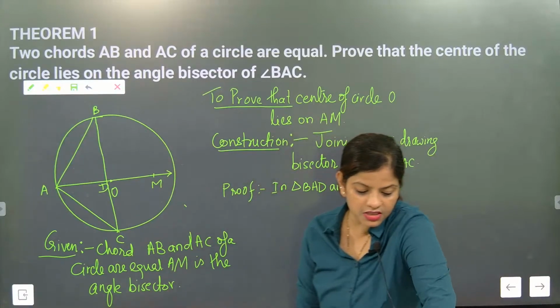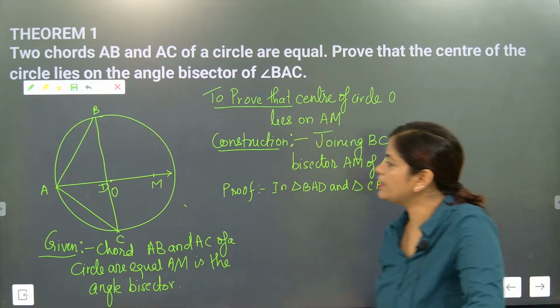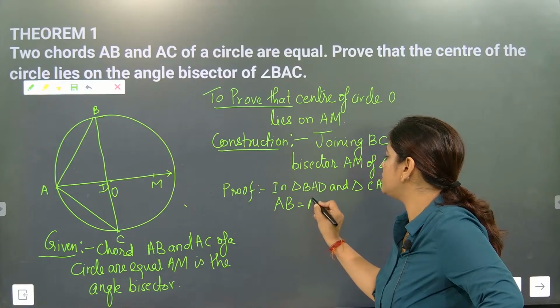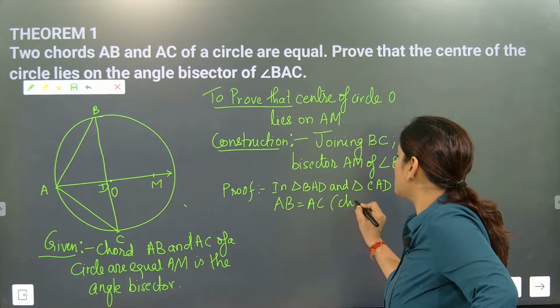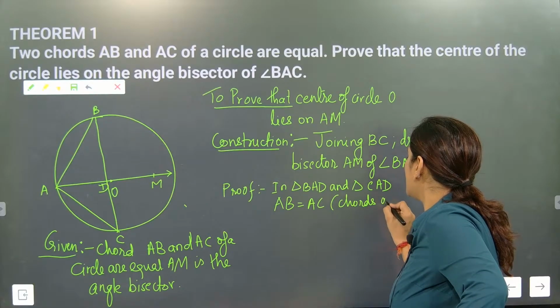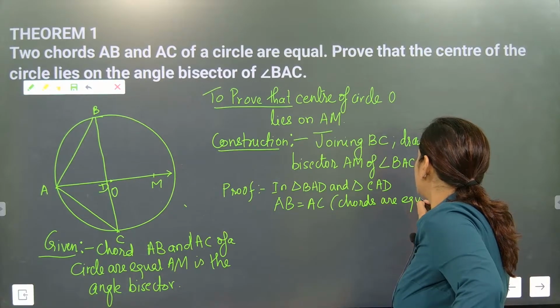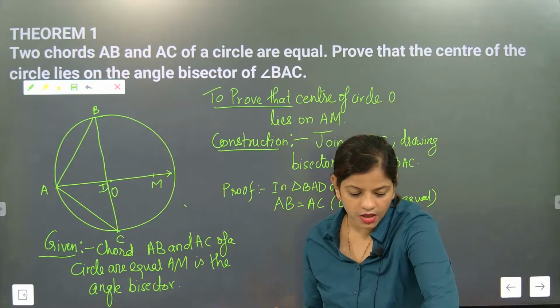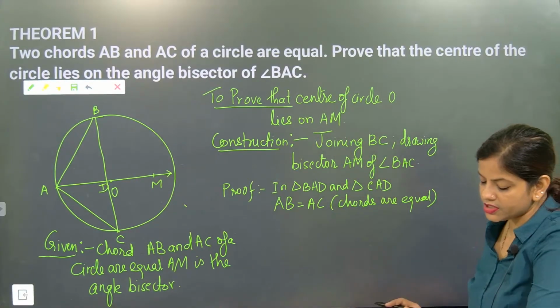These two triangles we have taken. Now beta, what is already given? Chords are equal. So AB is equal to AC, chords are equal.